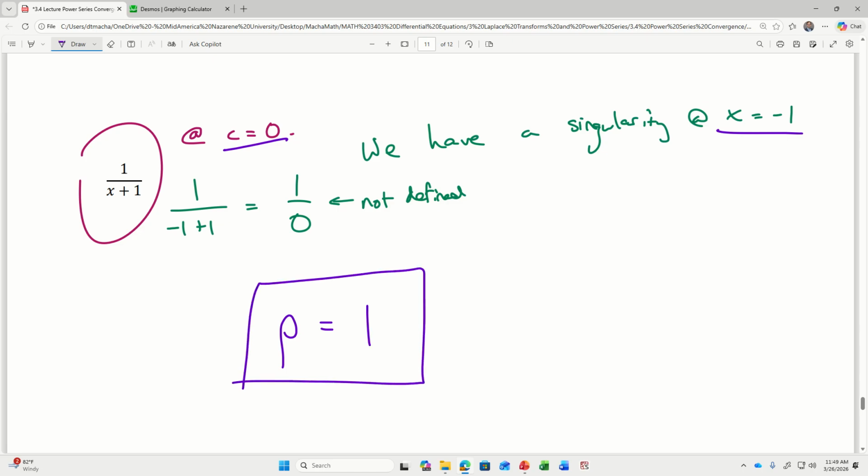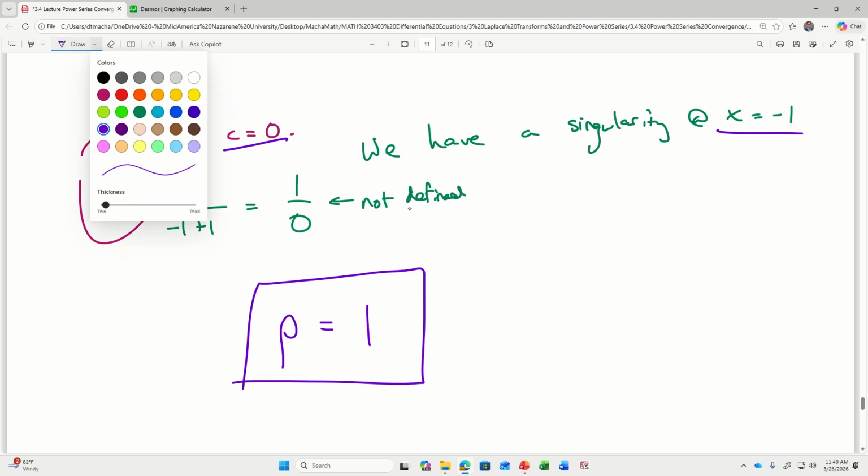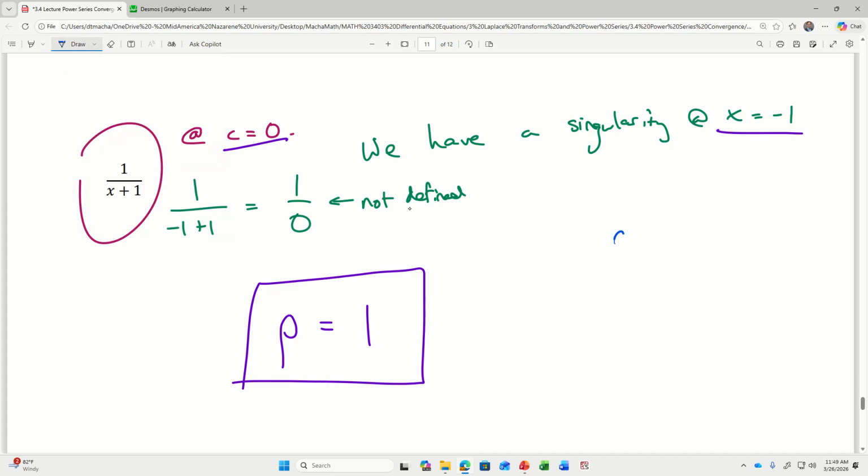So the radius of convergence must be 1, because that's the distance from the center of the power series to the nearest singularity. Alternatively, if I said that the center of my power series was the number 7, then what would my radius of convergence be? 8.